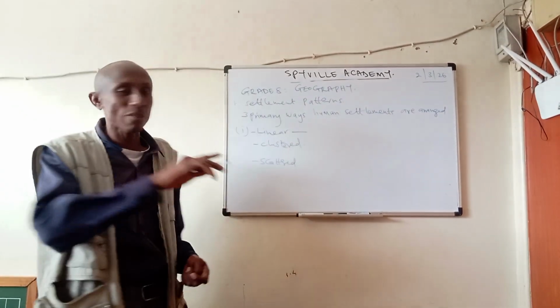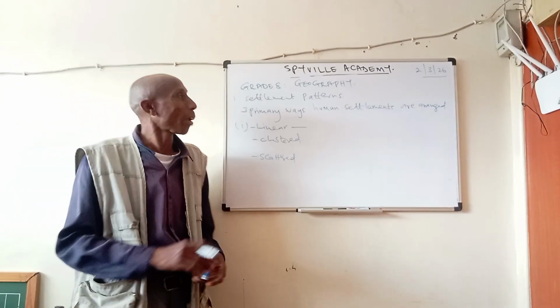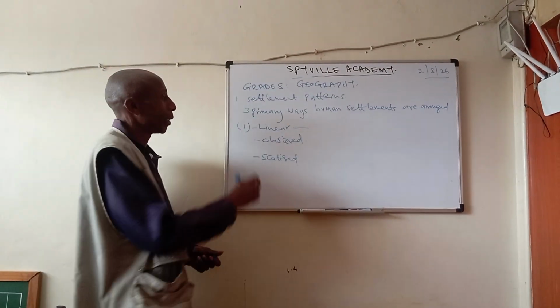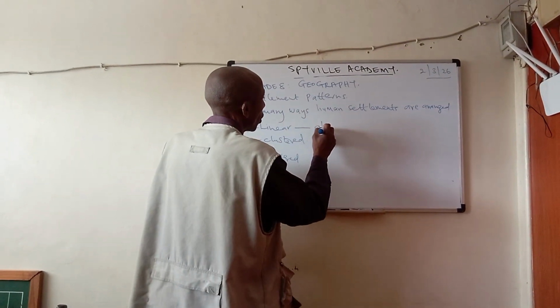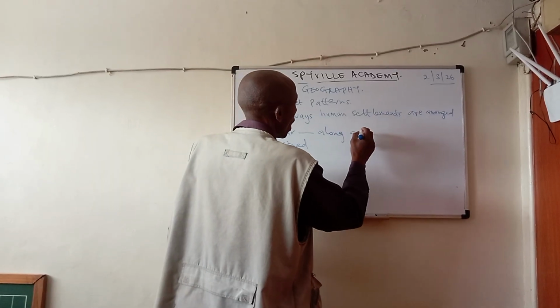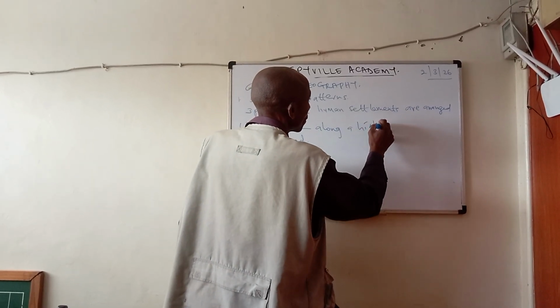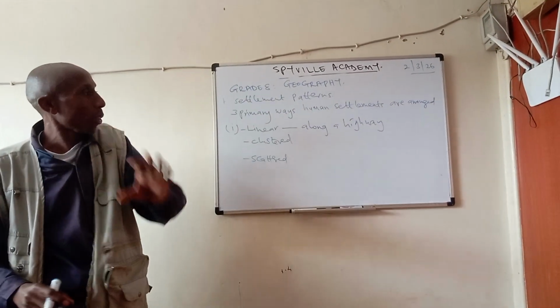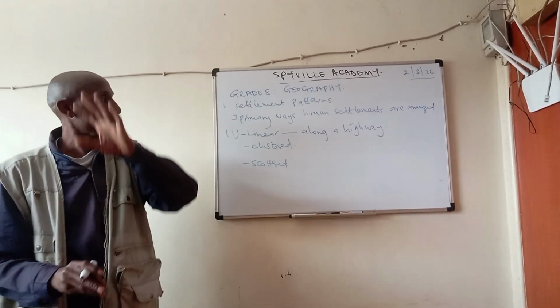Maybe there is a river or a major highway. So that constitutes a linear type of settlement. Maybe along a given corridor, along a highway, whereby people settle there and make a line.